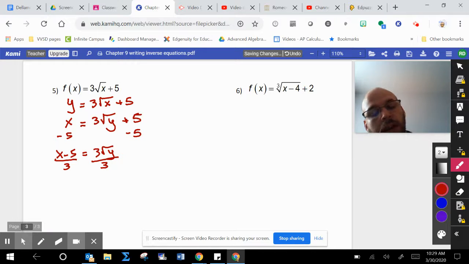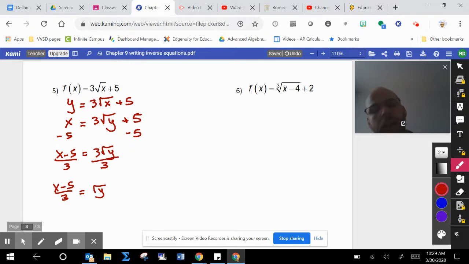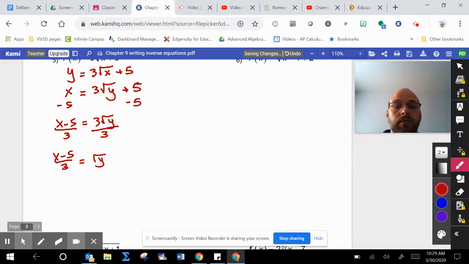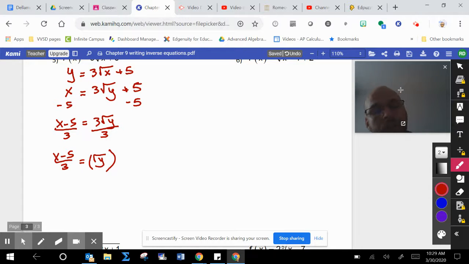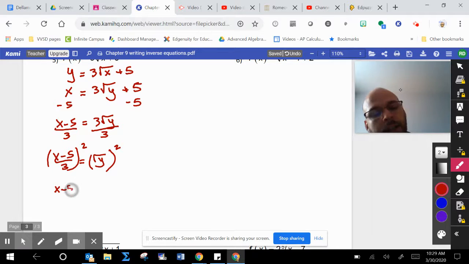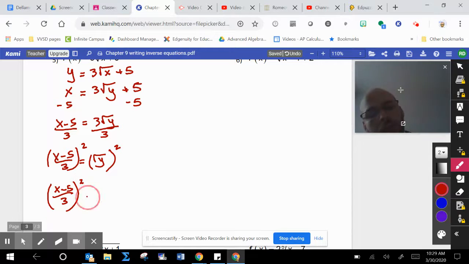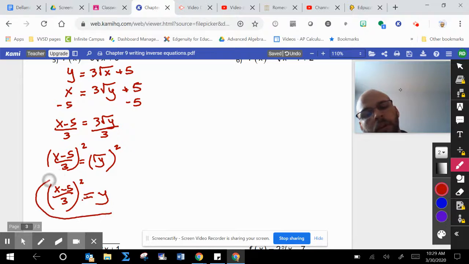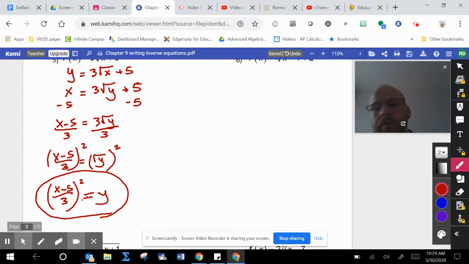So now I have an x minus 5 all over 3 equals the square root of y. Now, to get rid of a square root, again, its inverse operation is just going to be the exponent of 2. So I get on the left-hand side here an x minus 5 all over 3 squared equals y. And this would be my inverse.